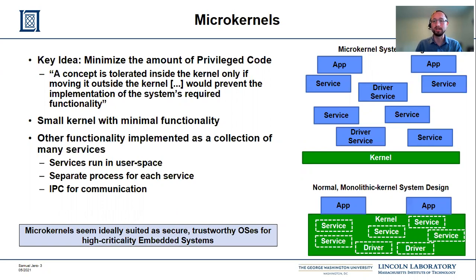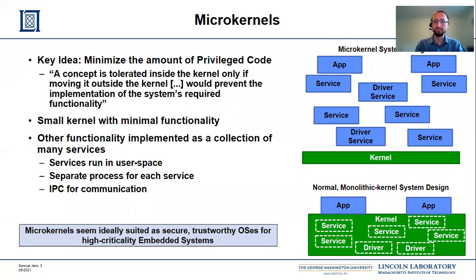Now, one of the promising techniques for providing security in embedded systems are microkernels, where the key idea here is that we want to minimize the amount of code that executes in the kernel in kernel mode. And this is done by removing everything from the kernel except those components that actually need to operate in kernel mode to achieve the system's required functionality.